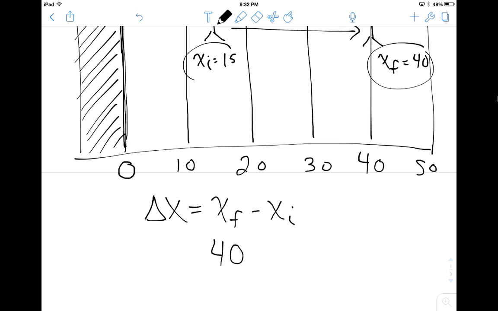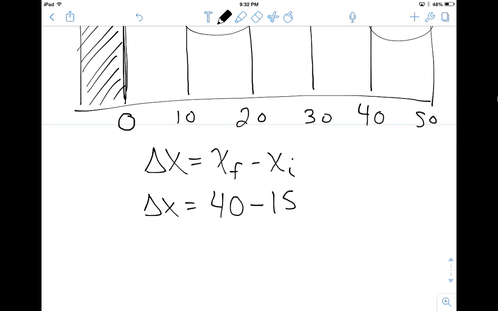And xi, I know it's 15, so instead of xi, I'm going to write 15. So now I know that delta x is 40 minus 15, and the change in position is 25 yards. All right, I hope that example helped.